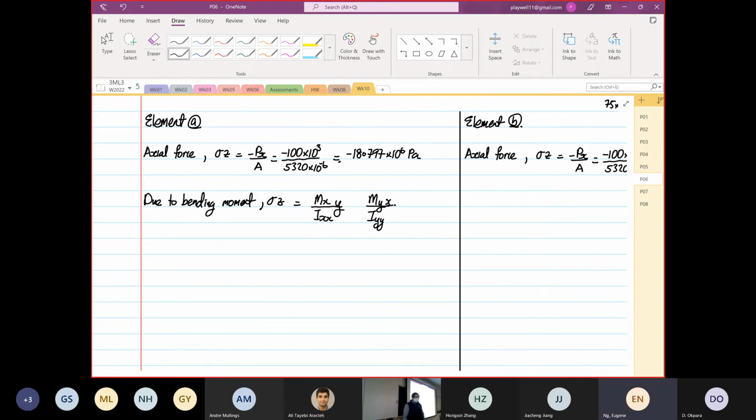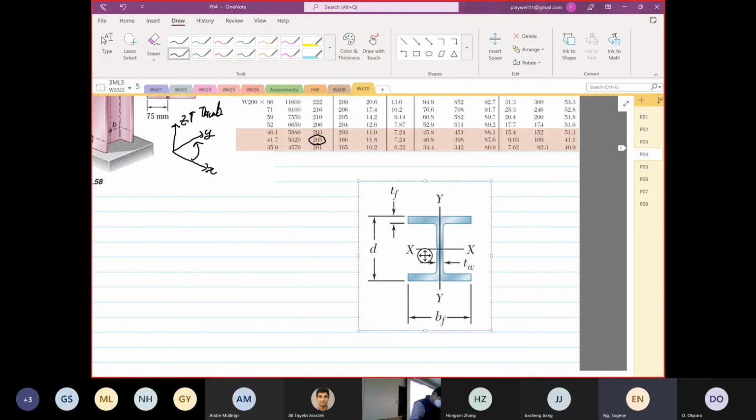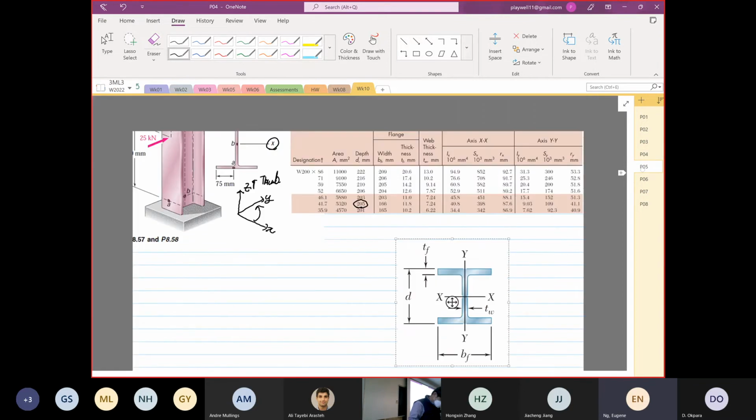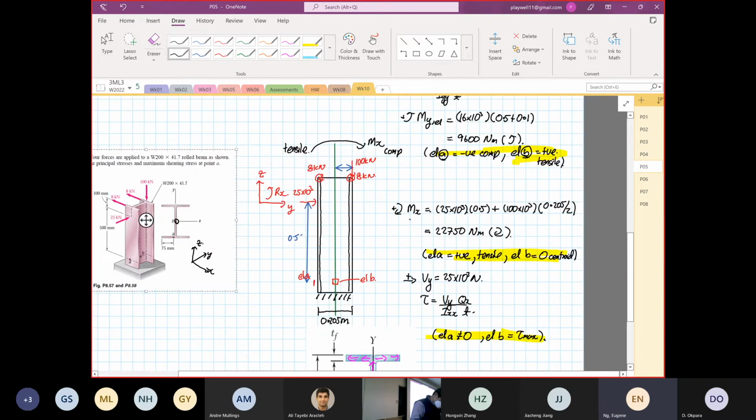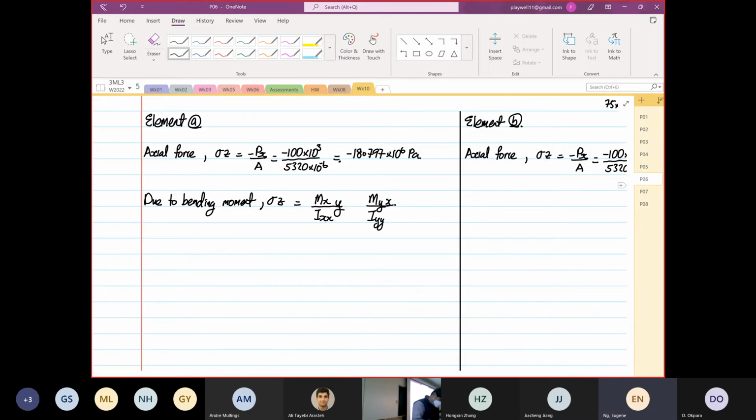So let's focus on element A. Let's look at Mx. Element A is going to be tensile due to Mx. So you come over here, it's going to be positive.